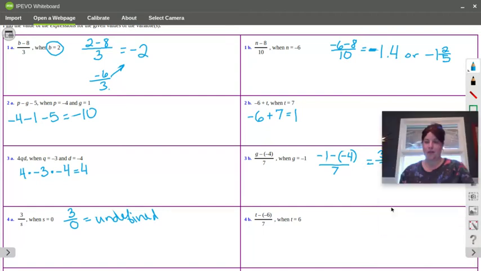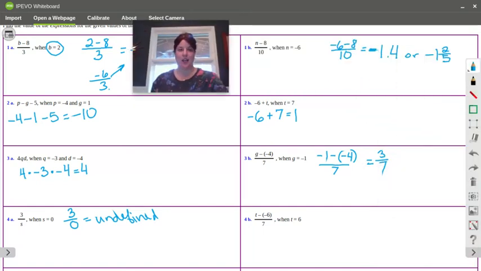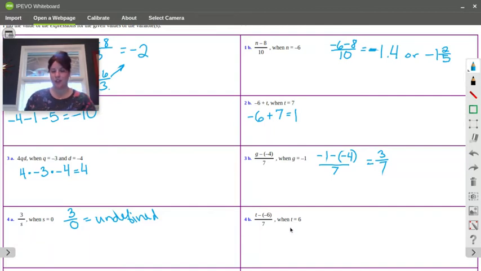All right, I'm going to move my face over to here so that we can do this last problem. So here we have t minus -6 divided by 7 when t equals 6. So 6 minus -6 divided by 7.